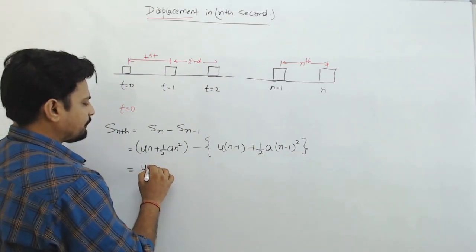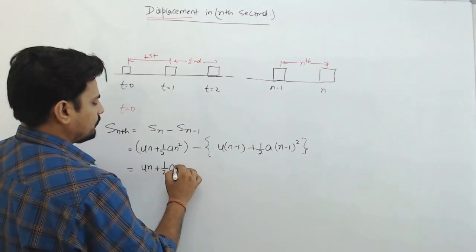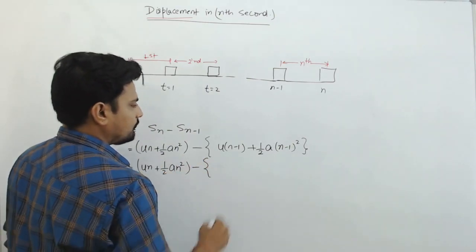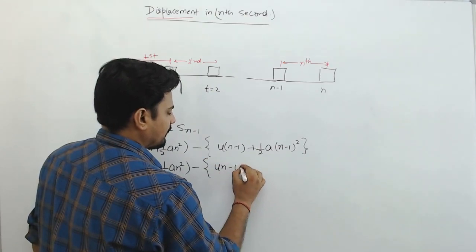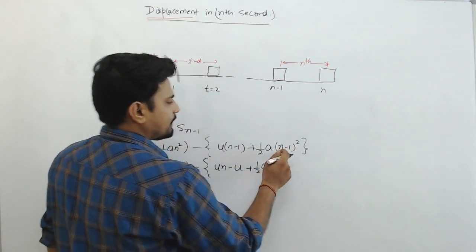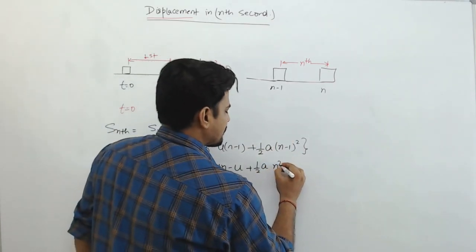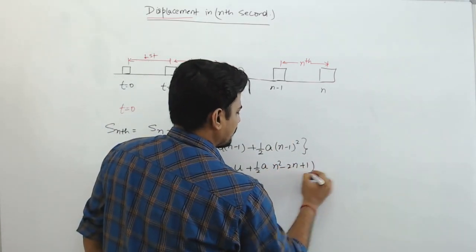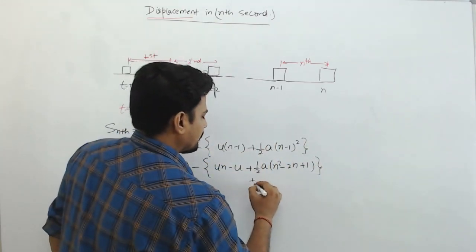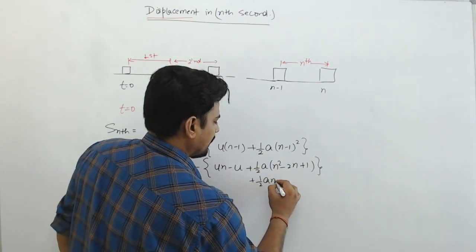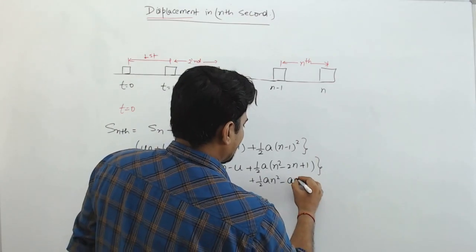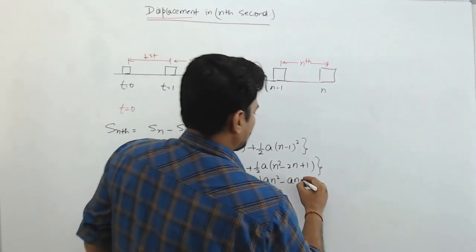Let us simplify this. It should be 1 upon 2 an square minus, keep the curly bracket on. It should be how much? un minus u plus 1 upon 2 a, and if I just open it up, it should be n square minus 2n plus 1, right? So इसको मैं simplify इधर ही कर दे रहा हूँ. So that should be how much? Let's save some time. an square negative. 2 would get cancelled. I should be having what? an plus 1 upon 2a.